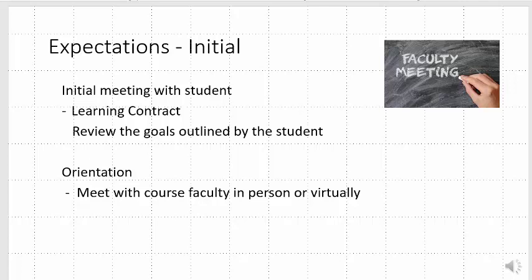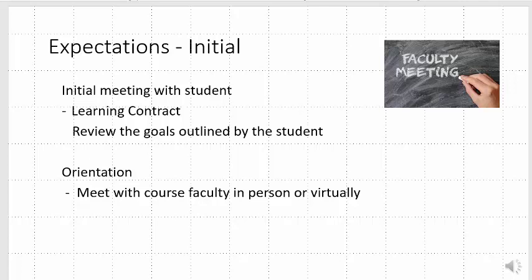So, expectations for preceptors of students in the HAL program. Initially, you would meet with the student, and you would review this learning contract and review the goals outlined by the student.